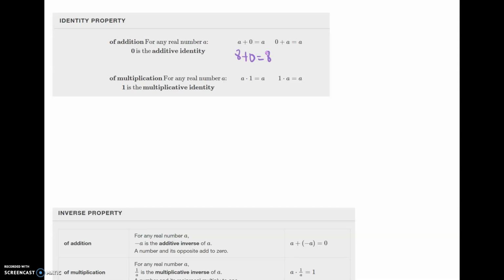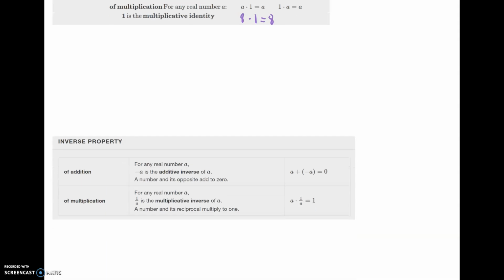And for the multiplication, if I were to have 8 and multiply it by 1, I'd still end up with 8. So again, if I were to add a 0 to anything, or multiply anything by 1, I'd still get that original number. And that's why we call it the identity, because it does not change the original number.